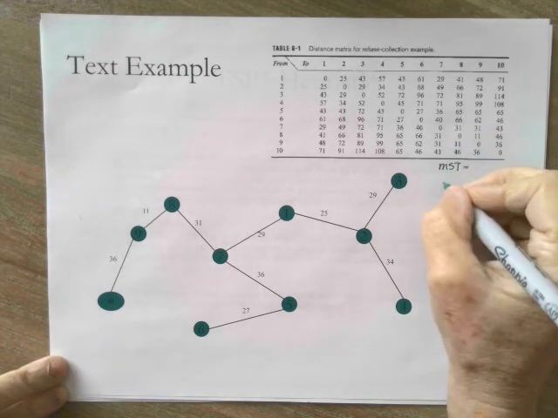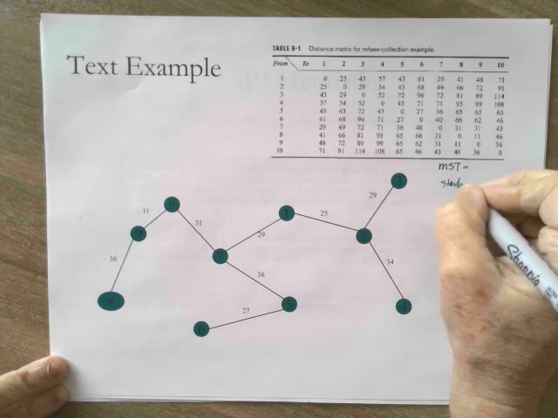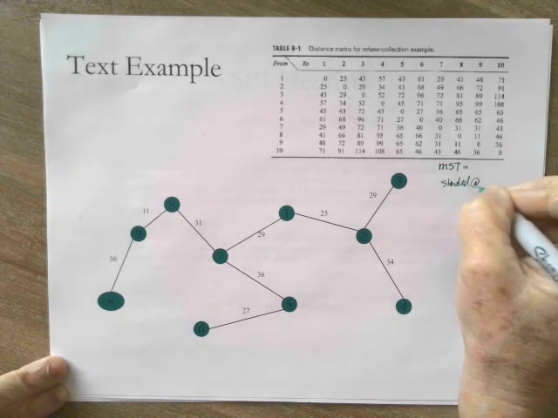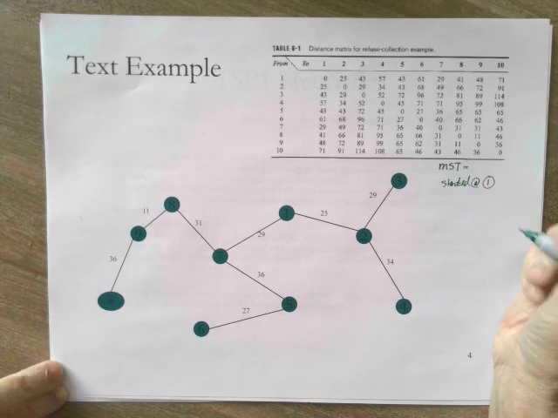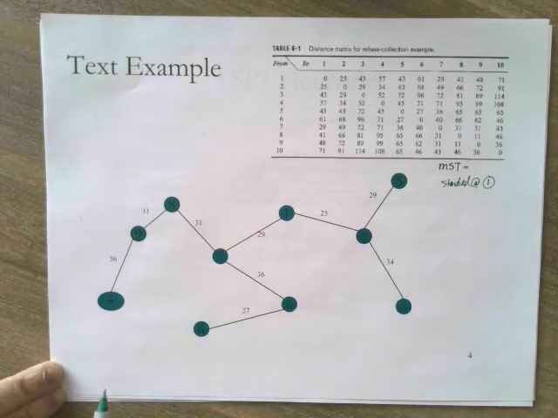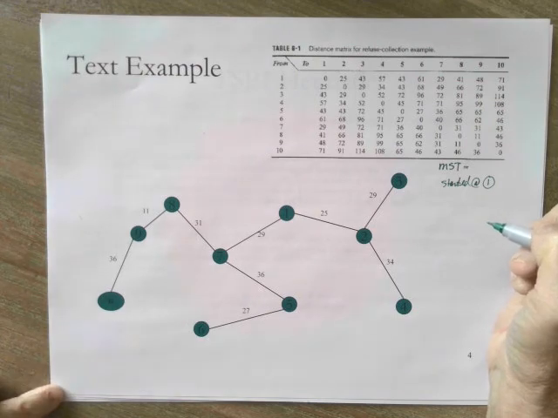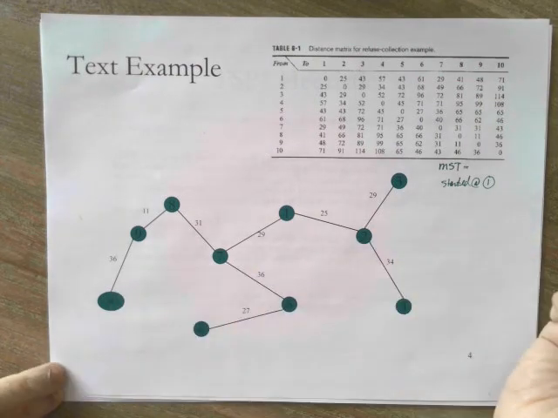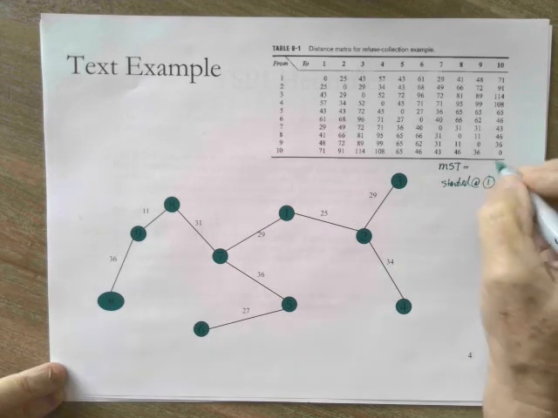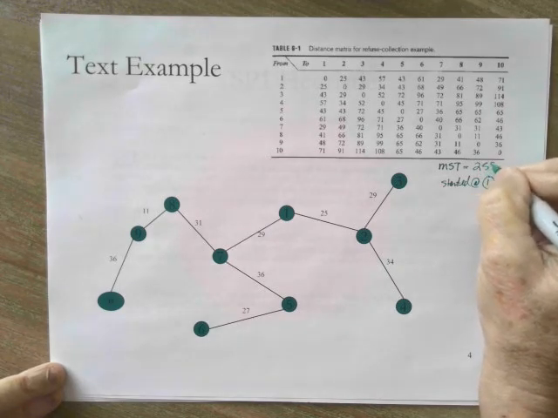We started at node 1, and we ended up with this when we started the algorithm, and the length ended up being 258.